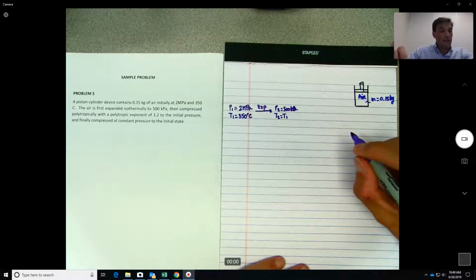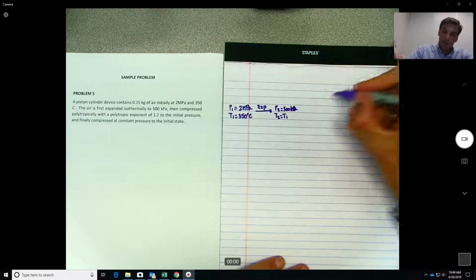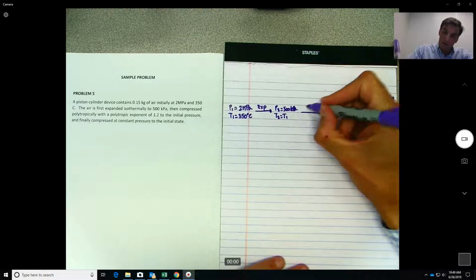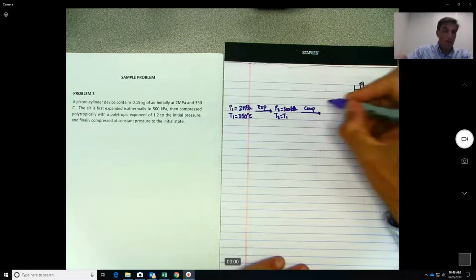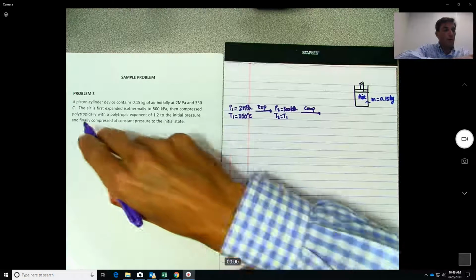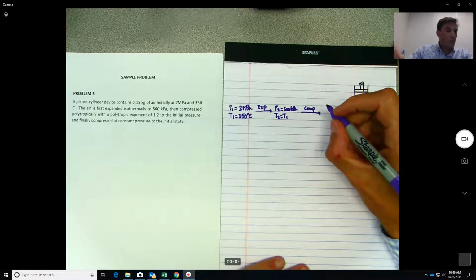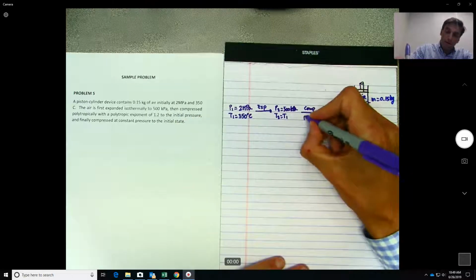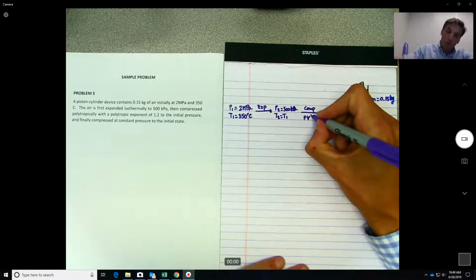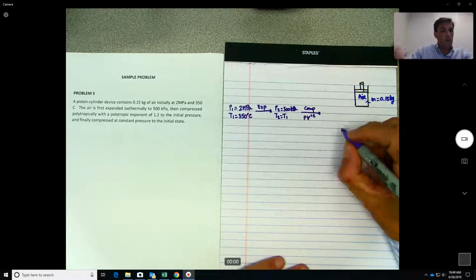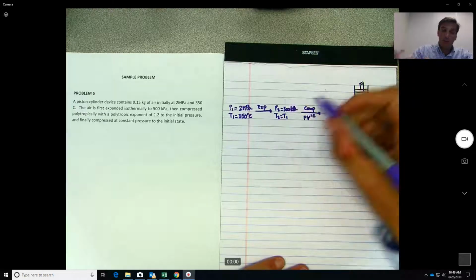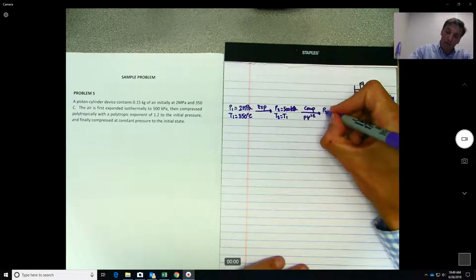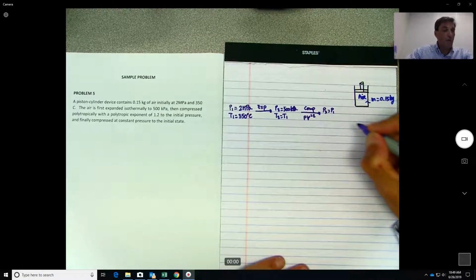Alright, then it is compressed. Compression polytropically, and they give us here the values, PV to the 1.2 equals a constant, to the initial pressure, so I guess P3 will be equal to P1.